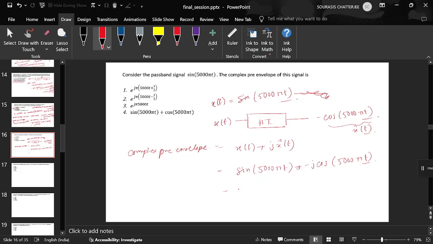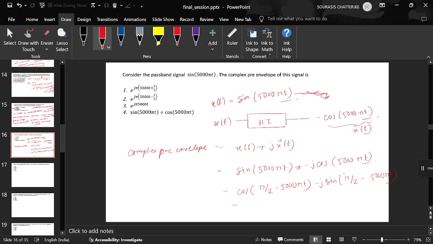Now this can be written using sine of x equal to cos of pi by 2 minus x, so cos of pi by 2 minus 5000 pi t. Similarly, this can be written as sine of pi by 2 minus 5000 pi t.